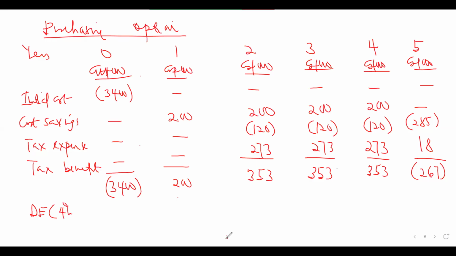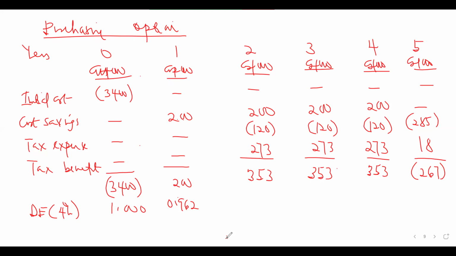So we have 1.04, and the discount factor in the first year is 0.962.